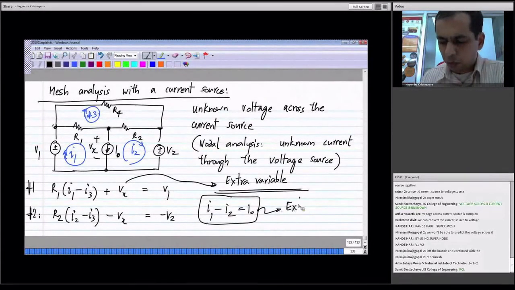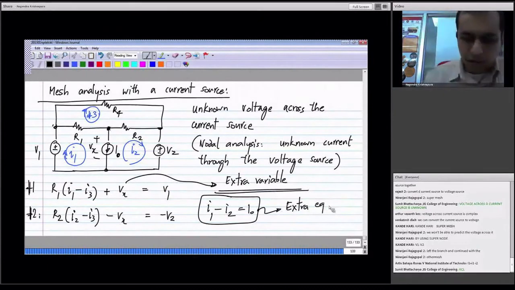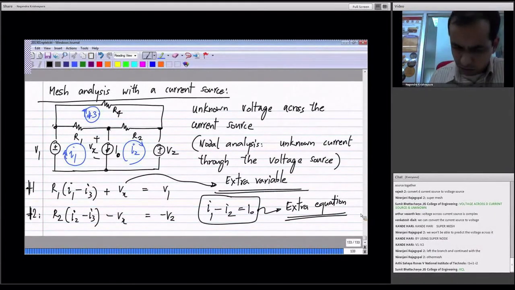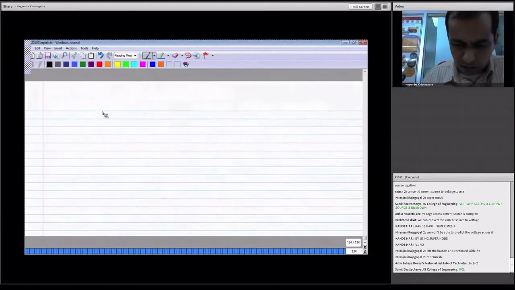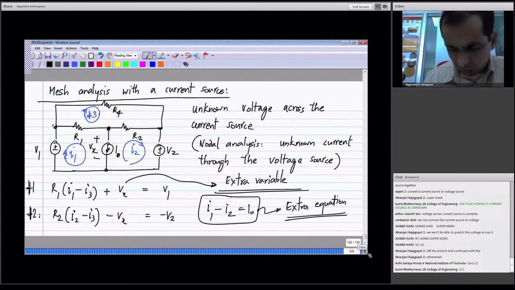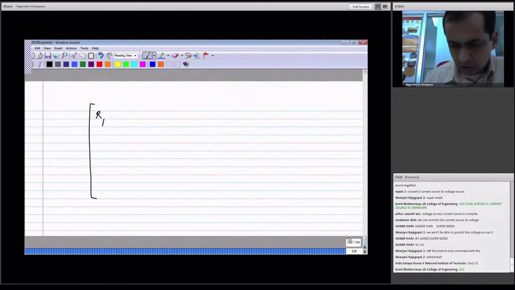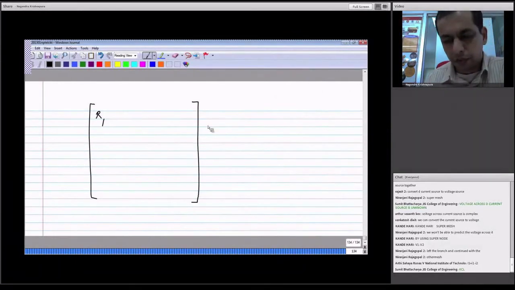So if I put all of these things together, I will write it directly in the matrix form. I'll have mesh currents and the voltage across the current source as the variables.